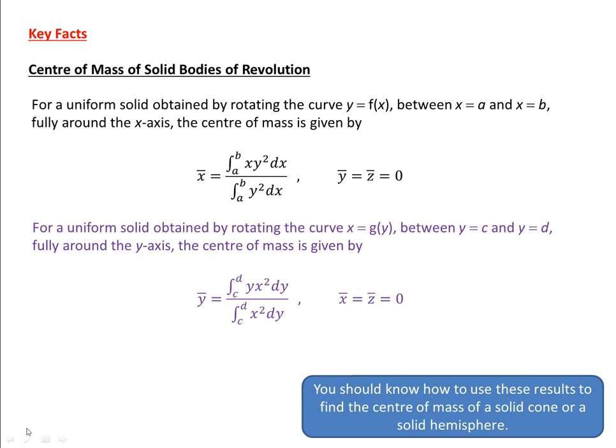We can do that by evaluating the integral between a and b of x times y squared, integrated with respect to x, and then dividing it by the integral between a and b of y squared, integrated with respect to x. The y-coordinate and the z-coordinate of the centre of mass will each be 0 by symmetry.